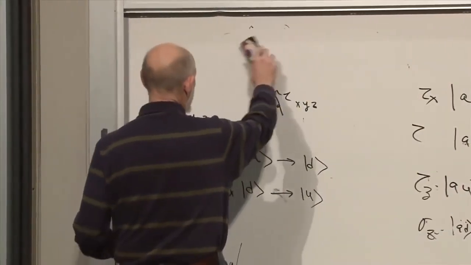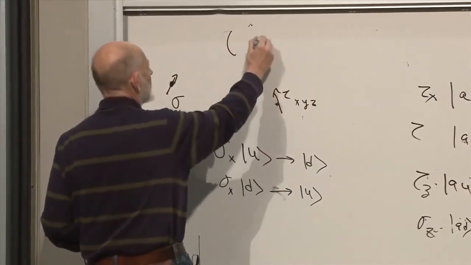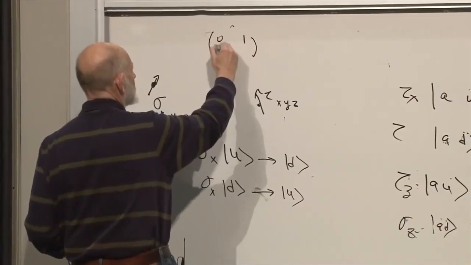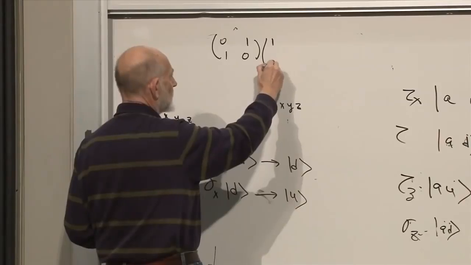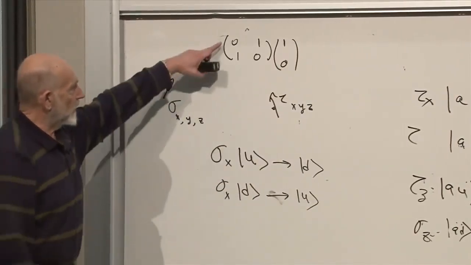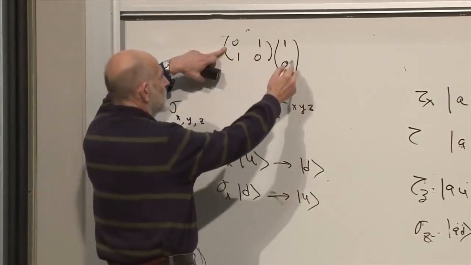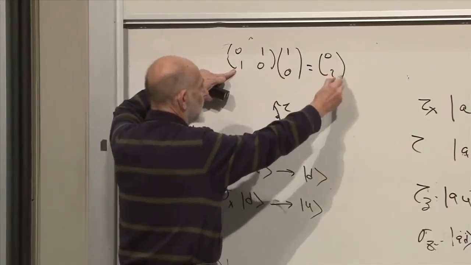Well, let's just do it by matrices. Sigma x is (0, 1; 1, 0). Up is (1, 0). Okay? What happens? This times this is 0. This times this is 1.